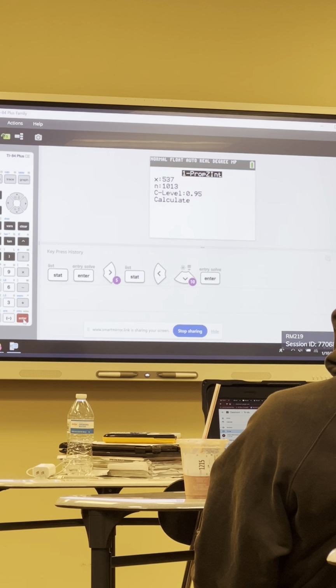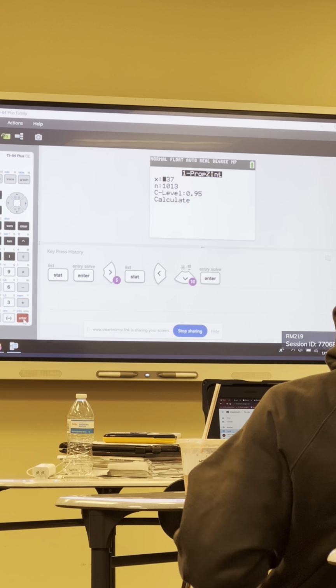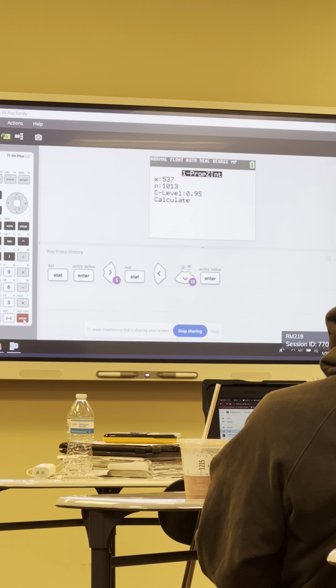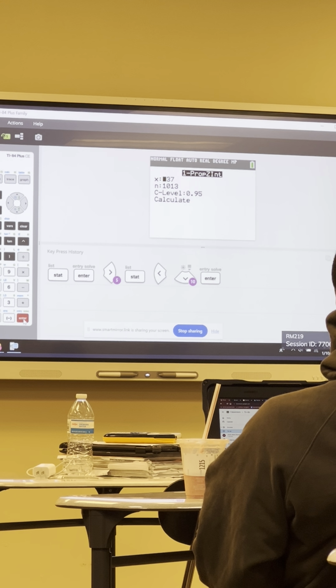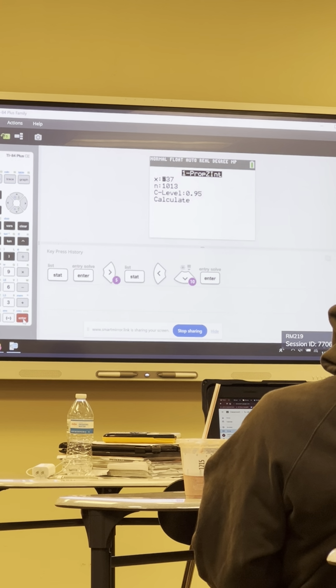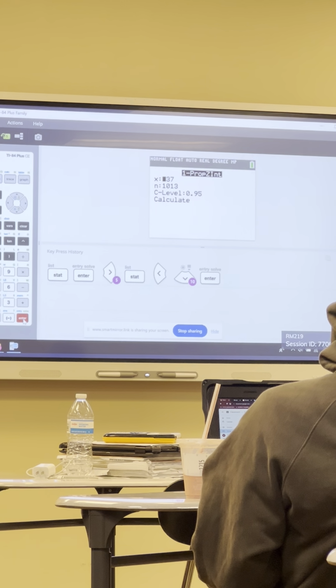Out of the 1,013 people, 537 people said they want to continue. So why don't you put the numbers in the calculator? X is 537 and n is 1,013.